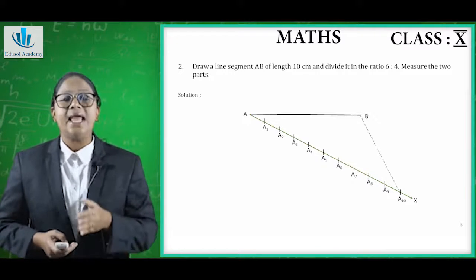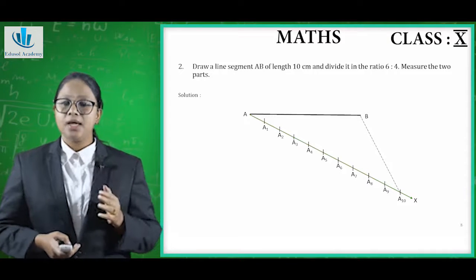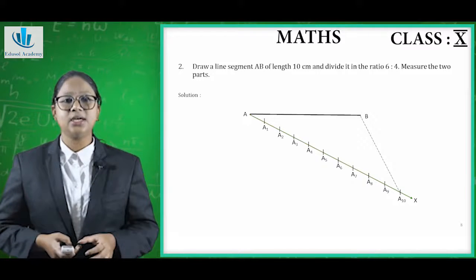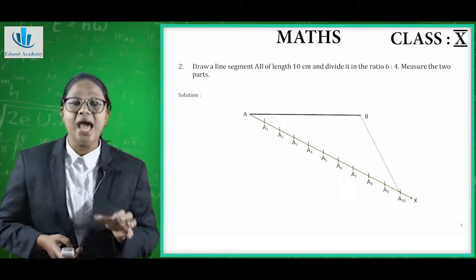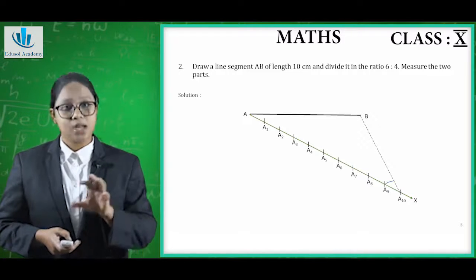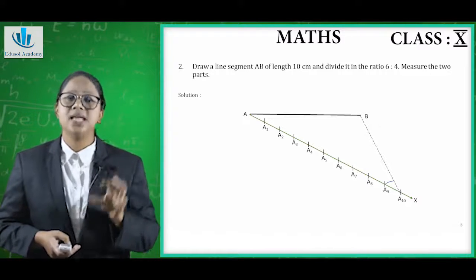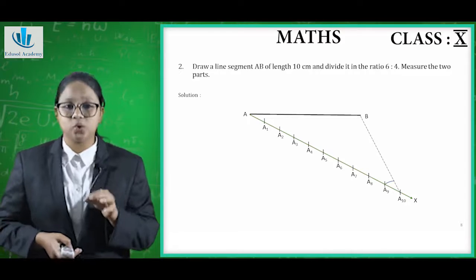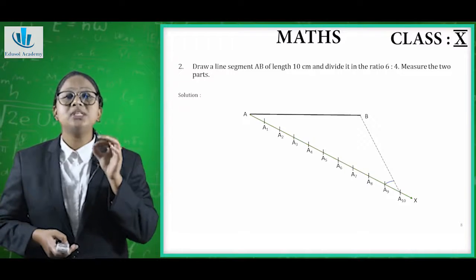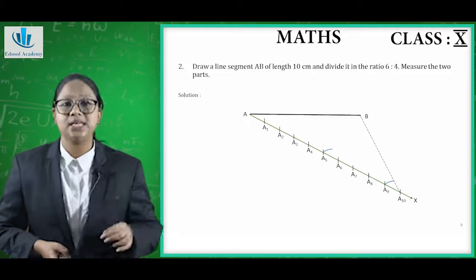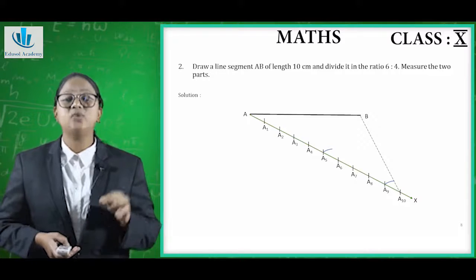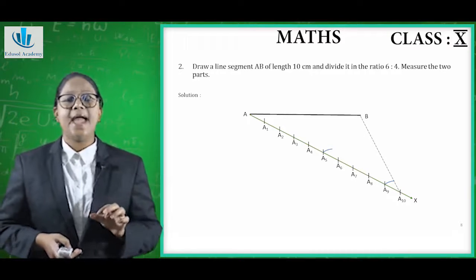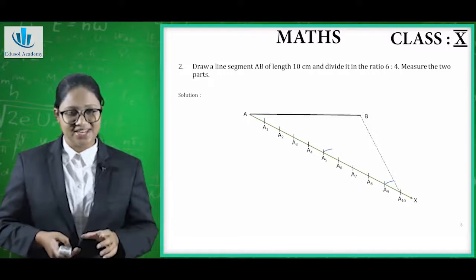Now connect A10 to B. With A10 as center and A10, A9 as radius, draw an arc. Do the same procedure at the numerator of the ratio, that is 6. So do the same procedure at A6. Draw another arc with A6 as center and A5, A6 as radius.